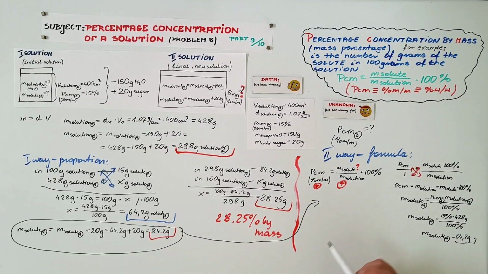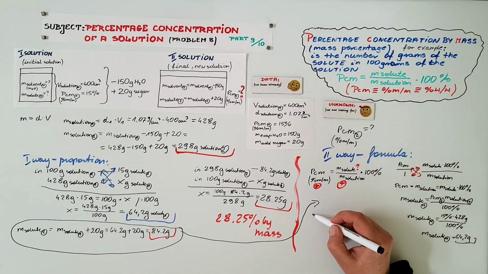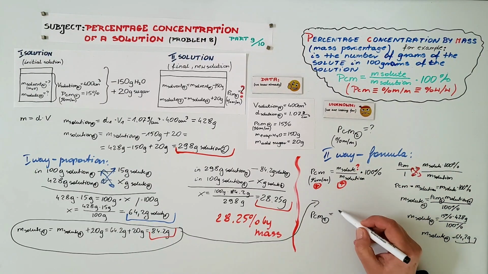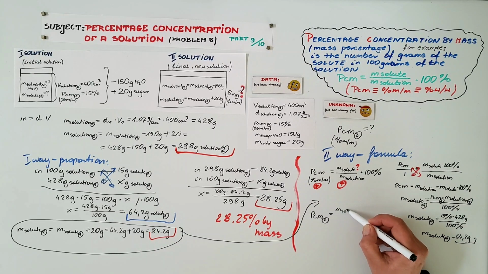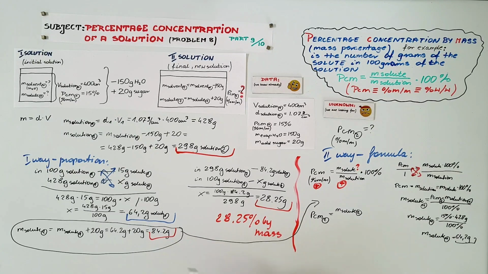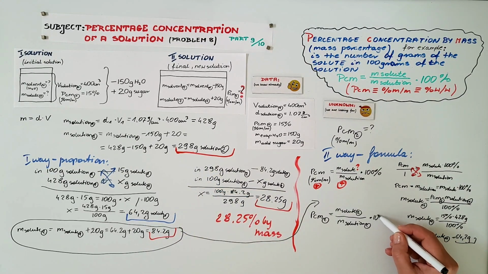So percentage concentration by mass of second solution, PCM2, equals mass of solute 2, 84.2, over mass of solution 2, 298 grams of solution, multiplied by 100%.